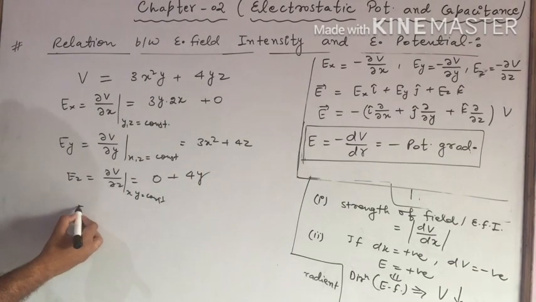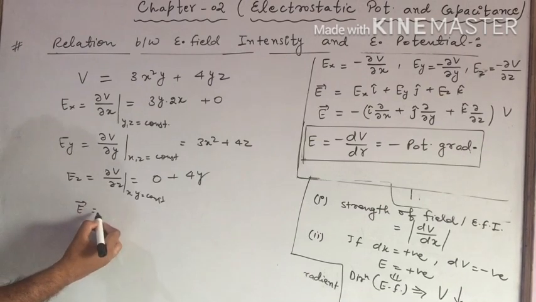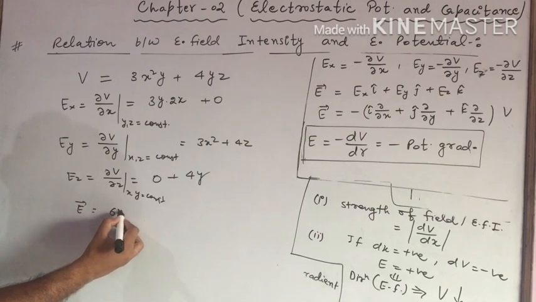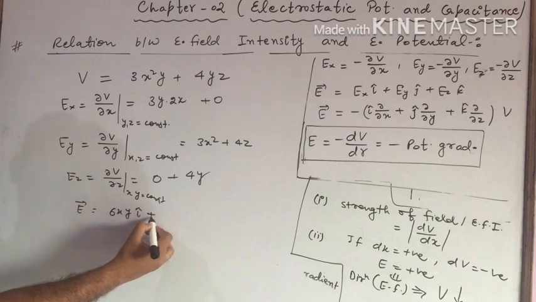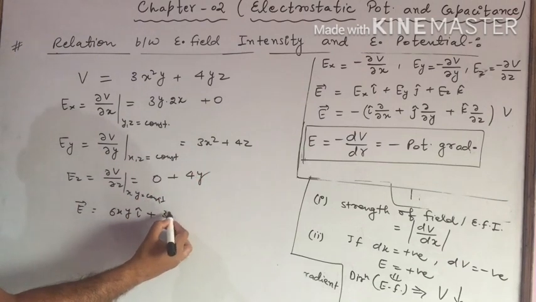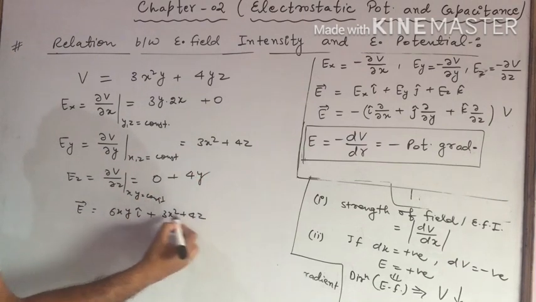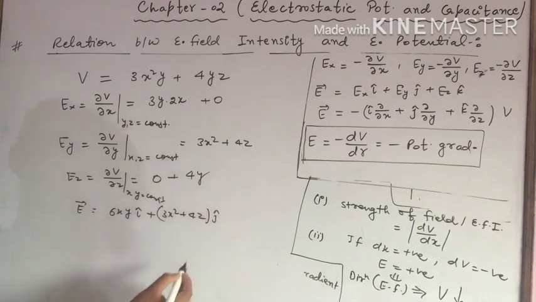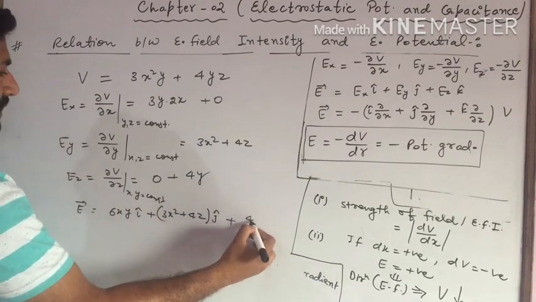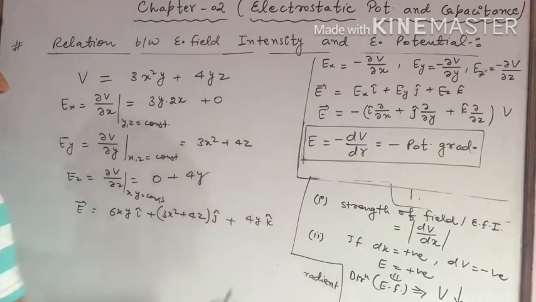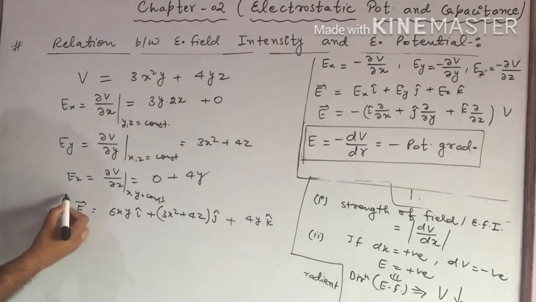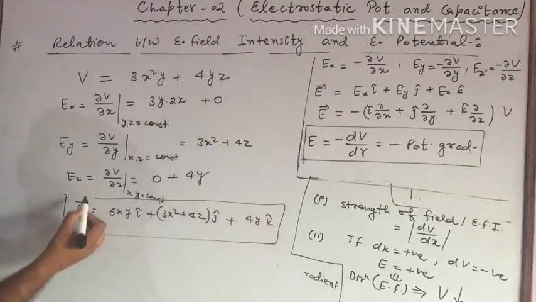So finally the electric field can be written as 6xy i cap, y component is this, so (3x square plus 4z) j cap, and z component is this, 4y k cap. So this is a general expression of electric field.